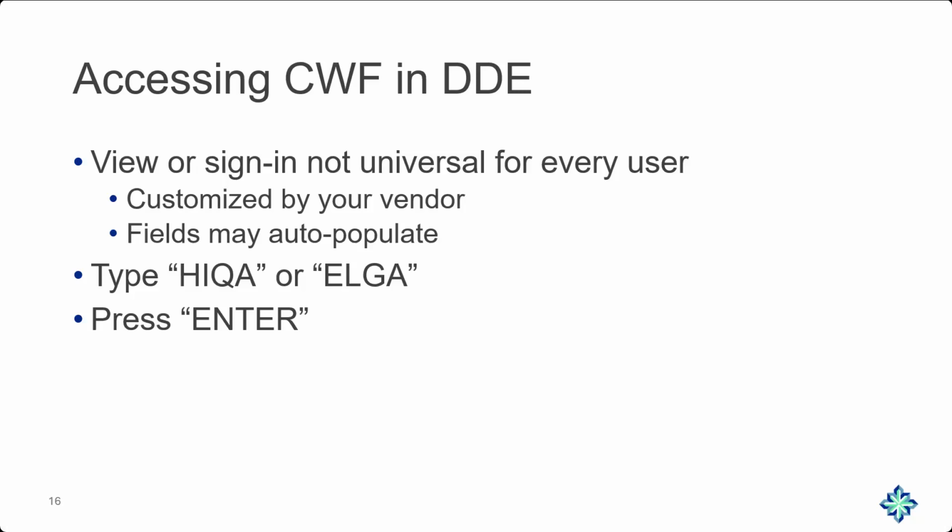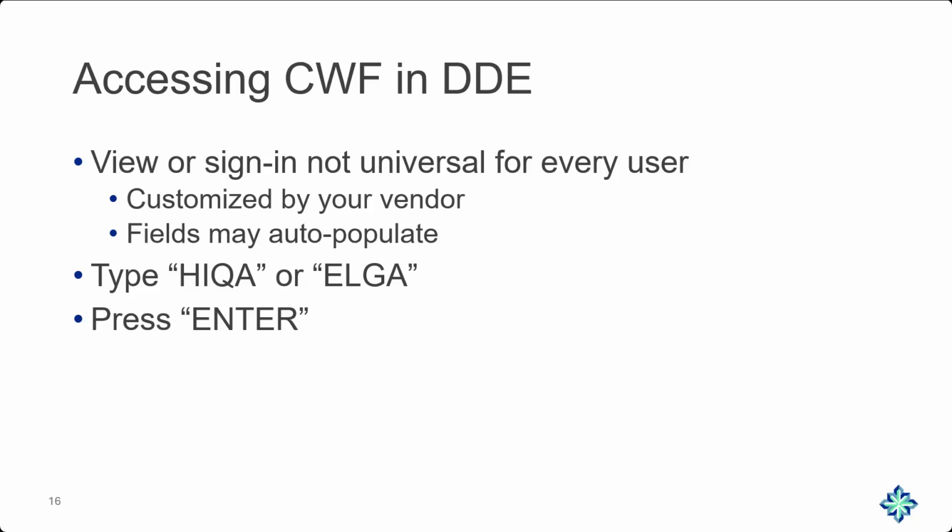Then you'll type HIQA or ELGA and press enter. Now your vendor may customize your view. So some of the information may be programmed or auto-populate for you. So some of these fields, as we go through, if you currently use it, you might say, well, I don't have to do that.